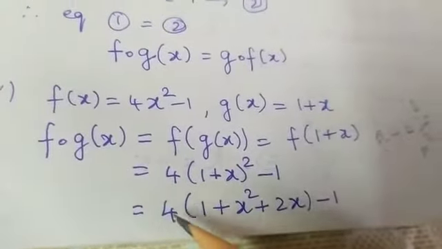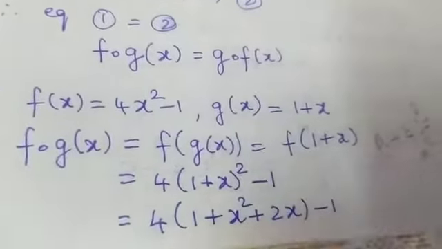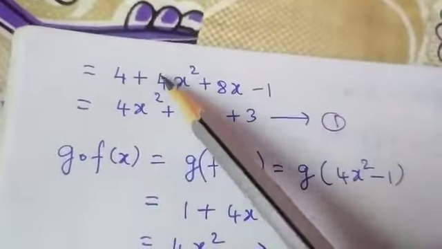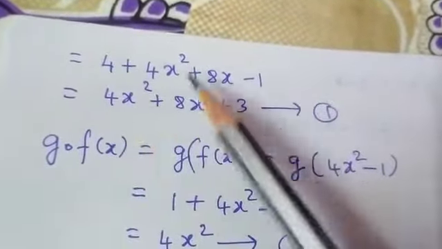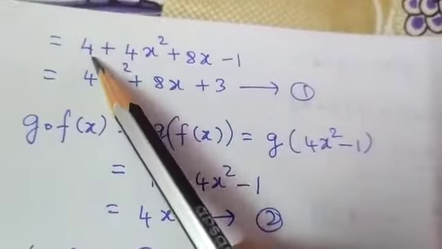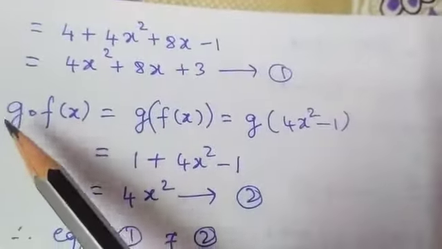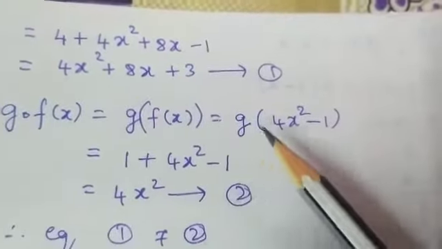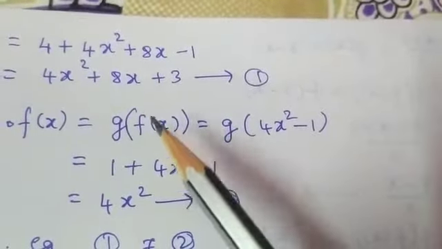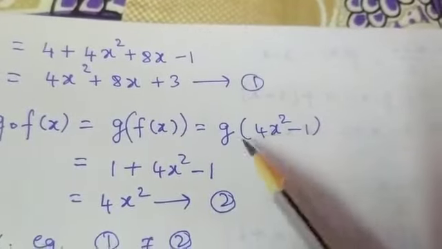Now we should just multiply 4 into this whole thing. So I'll get the answer 4 plus 4x square plus 8x minus 1. So when I subtract it, I'll get 4x square plus 8x plus 3. This is my first equation. And g dash f of x equal to g f of x, that is equal to, I'm substituting value of f of x here, 4x square minus 1.